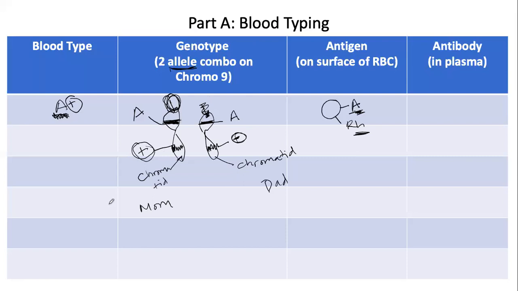The same holds for eye color. So which eye color is dominant? Light or dark? Okay, dark eye color. So you could have two dark alleles of that gene to display dark eye color, or you could have a dark eye color allele and a light eye color allele. And because dark is dominant, you're going to have dark or brown eyes, right? What allele do you have to have for light eye color?